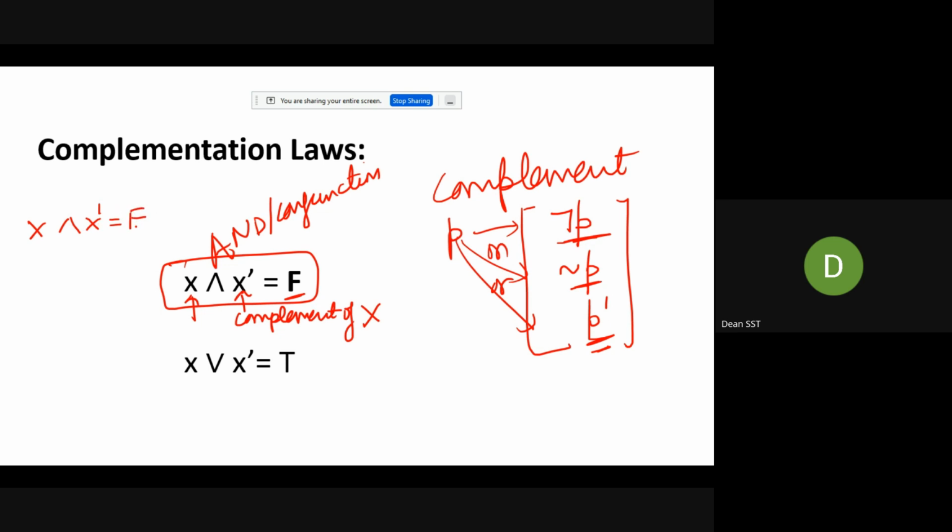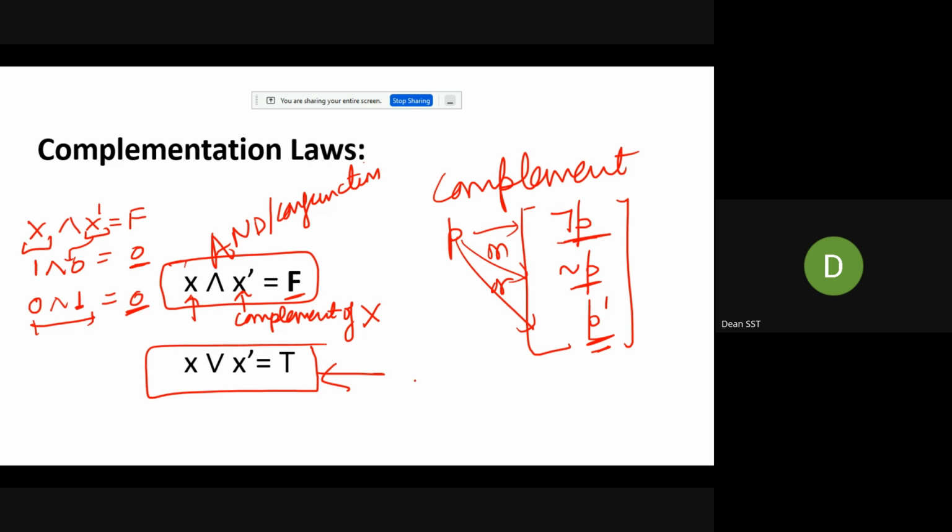False value means 0. Suppose x is 1 and the complement of 1 is 0, so we will get the value 0. In a similar fashion, if x is 0, the complement of x will be 1, so ANDing 0 and 1 will give value 0. Is it clear?